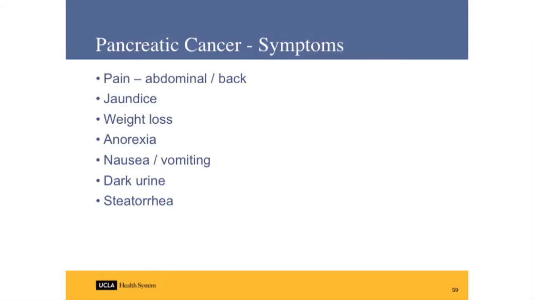The symptoms that patients have are pain in the mid-abdomen that travels to the back, jaundice, weight loss, anorexia or loss of appetite, nausea and vomiting, dark urine, or steatorrhea, which is stools that have a lot of fat.